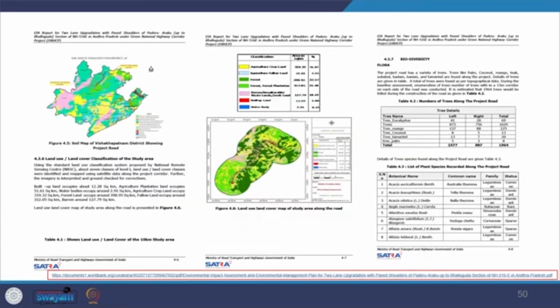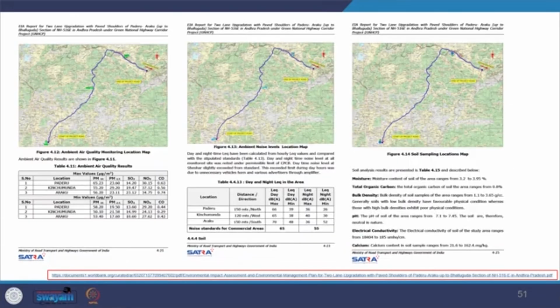You can see the land use, biodiversity, which you have already studied about. And then look at the ambient air quality, ambient noise level in the center. Then you can see the soil sampling. So all that intensive detailed study is here. I have given you the link also, so you can download that and flip through the report.